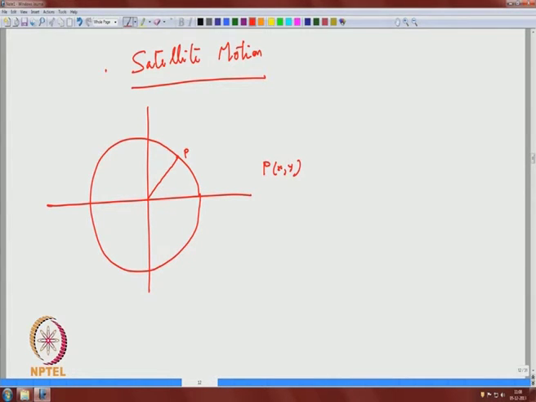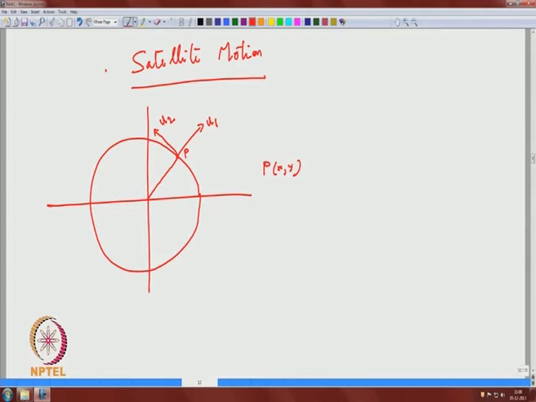You have the radial thrust u1, and you also have a tangential thrust u2. The modeling is much easier here, you can easily model these equations. So the modeling is not the important thing.